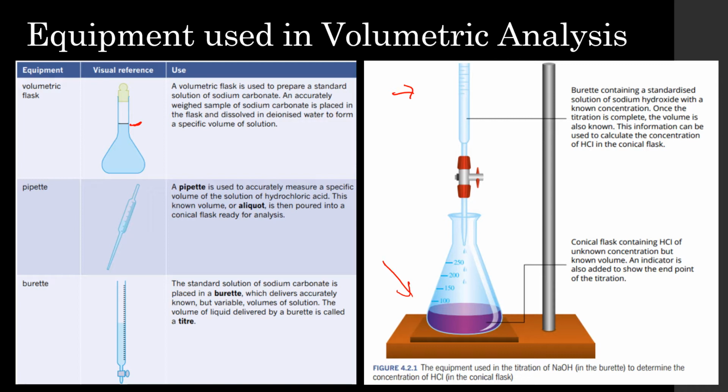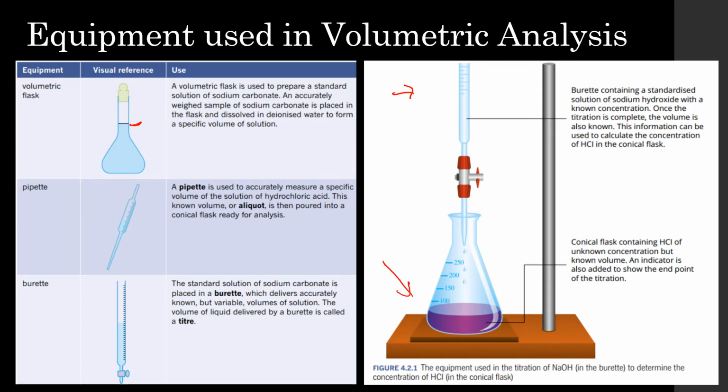Now the standard solution, in this case sodium carbonate for example, is placed in a burette which delivers accurately known but variable volumes of solution. The volume of liquid delivered by a burette is called a titre. Have a look at the right hand picture: the burette containing a standardized solution of sodium hydroxide with a known concentration.